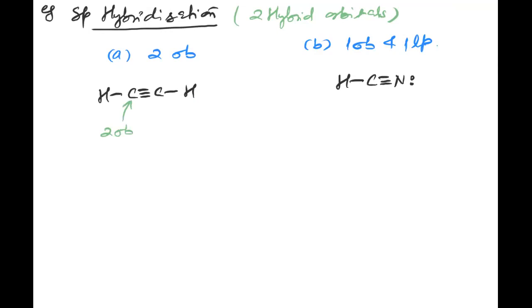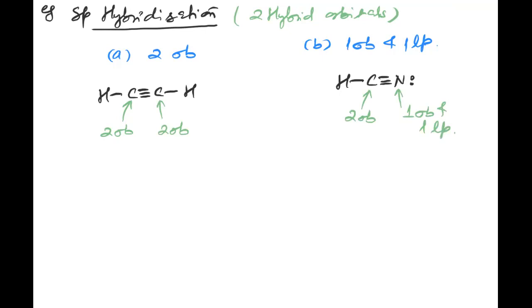Pi bond is not formed by hybrid orbital, so there is no correlation between number of hybrid orbital required and pi bond. This carbon is also forming 2 sigma bond, and this nitrogen is forming 1 sigma bond, and it consists of 1 lone pair of electron also.